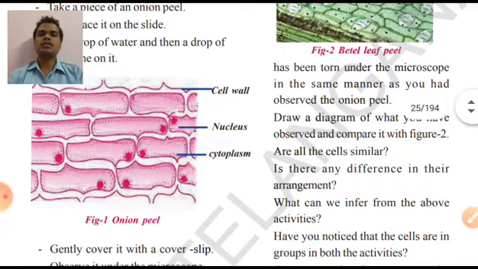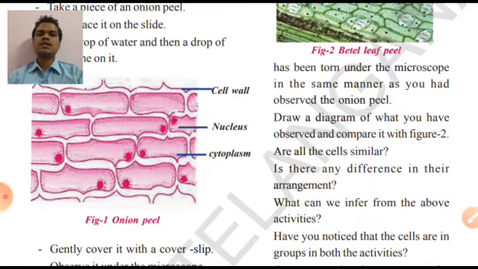As you see here, you can see some small rectangular shaped cells. Do they have any small dot-like structure? Yes, they do. These dot-like structures are called the nucleus. Are the dot-like structures in the center in all cells? No, they are not always in the center.